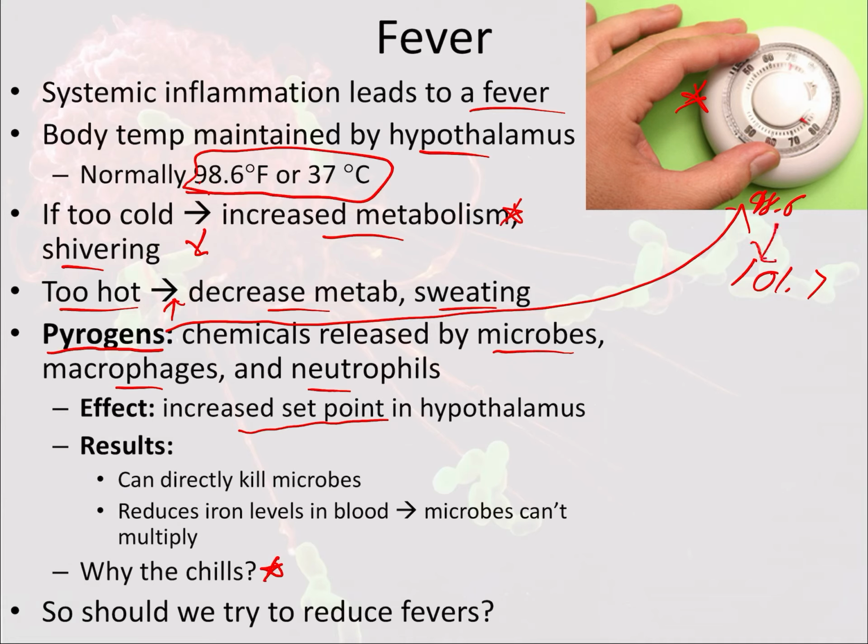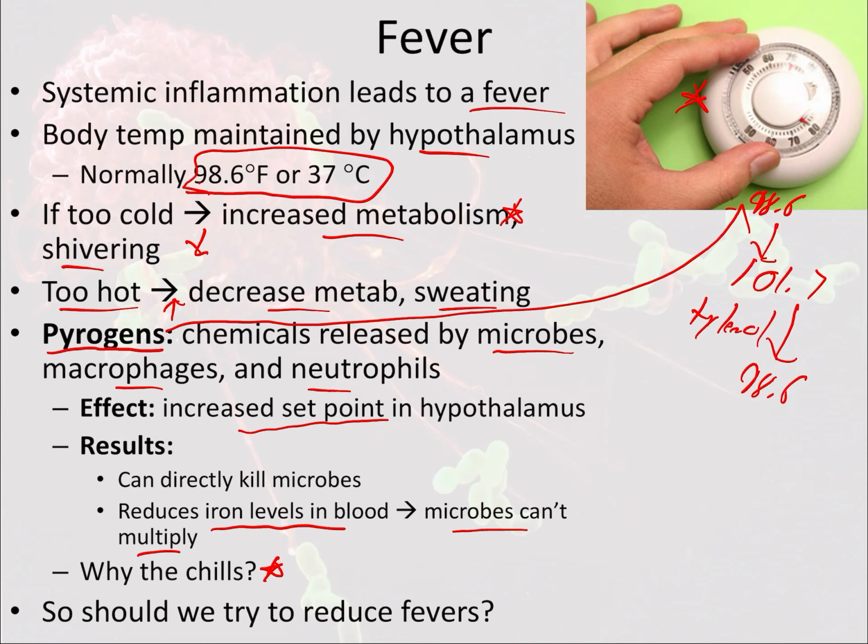And this is good in some ways because this reduces iron levels in your blood. This makes it so microbes can't multiply as well, but it also makes you incredibly tired and uncomfortable. Okay, so then you give yourself some Tylenol, all right, or Advil, and that actually blocks those pyrogens, decreases your set point back to 98.6, but you're actually at 101.7.